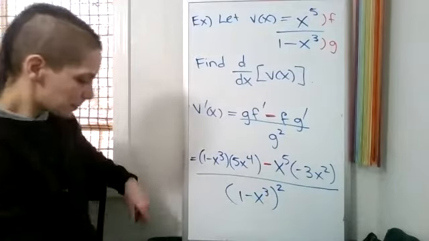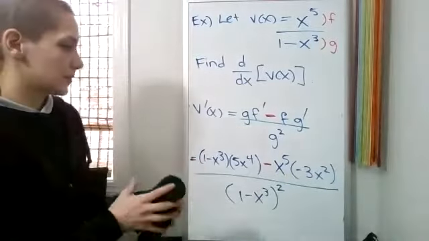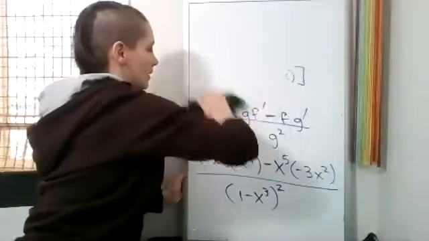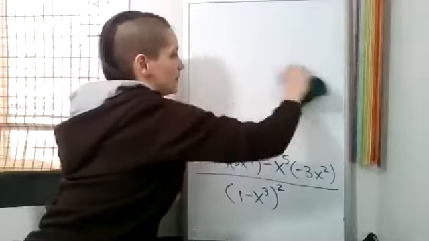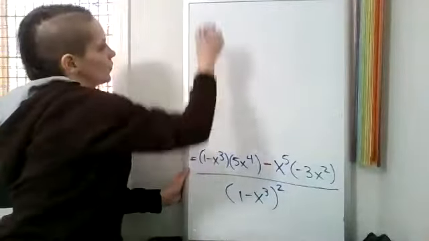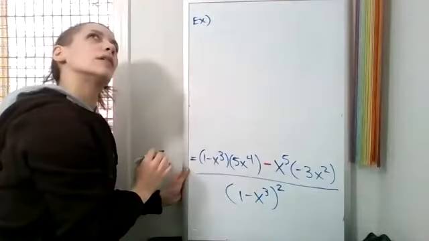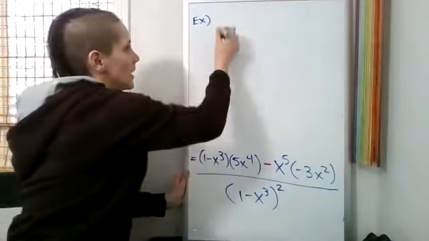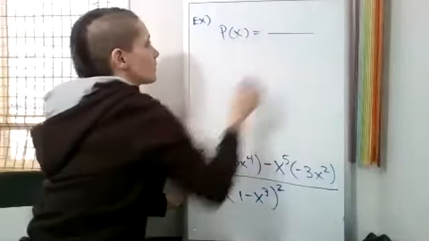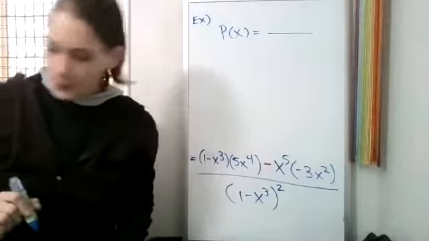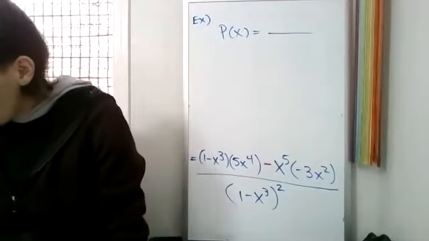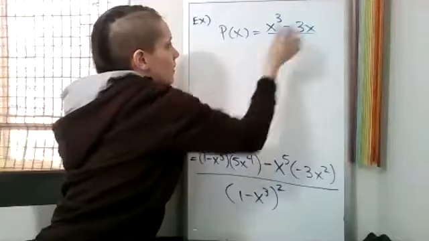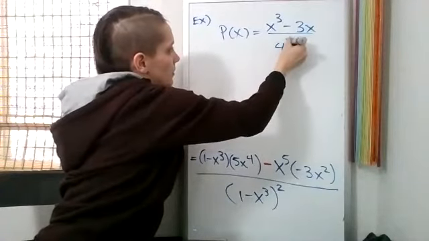Let's try another practice problem. I think it would be cool if we did p of x, capital P of x: x cubed minus 3x over, I'm thinking 4 to the x would be fun.